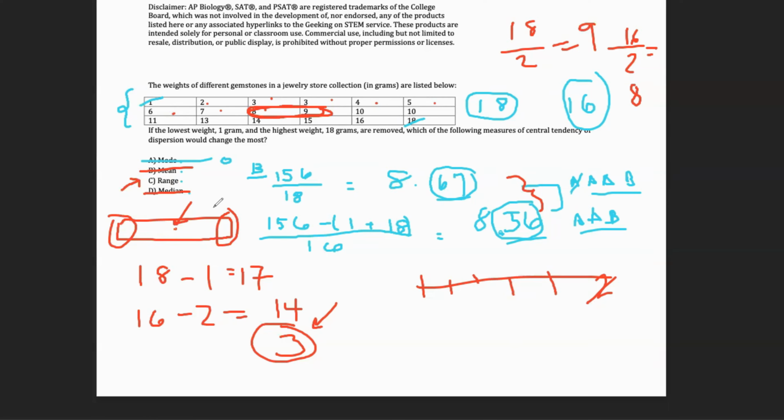The mean is going to be very similar as long as there's no extreme numbers. The range is going to vary because you're literally taking the extremes and separating them. And the median, which is the middle number, if it is even numbers, meaning we had 18 and 16, they're not really going to change because it's like that candy bar scenario.